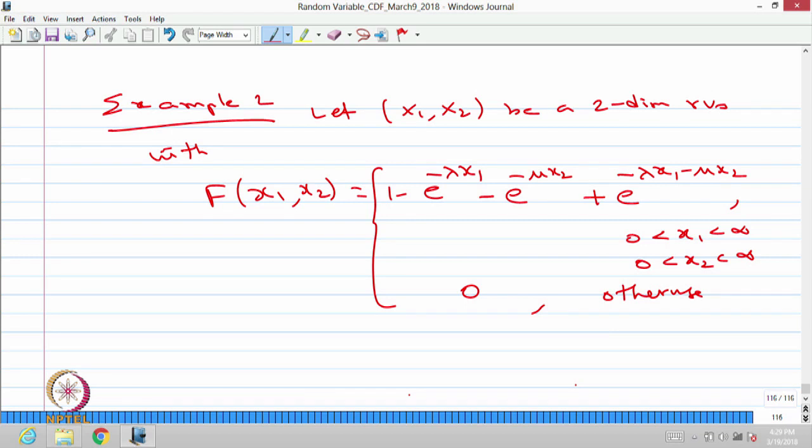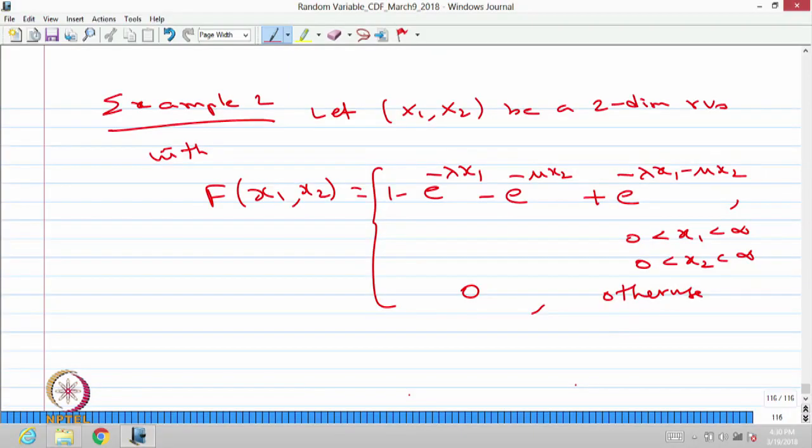We can verify whether this is a CDF of a 2-dimensional random variable. By seeing the function, you can easily say when x1 and x2 are positive infinity, it becomes 1. If either x1 or x2 is minus infinity, it is 0, and it is a non-decreasing function and continuous from the right.